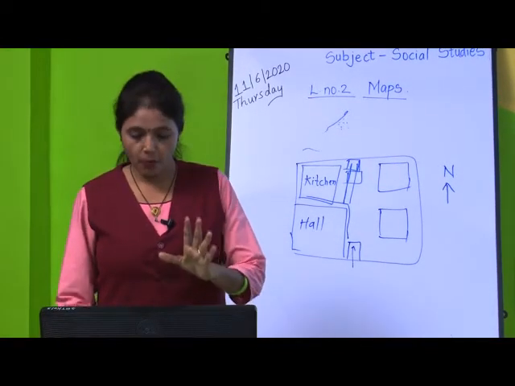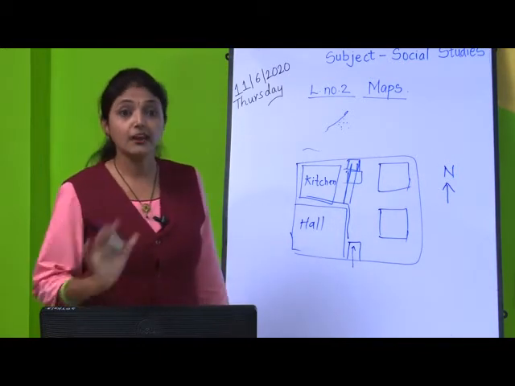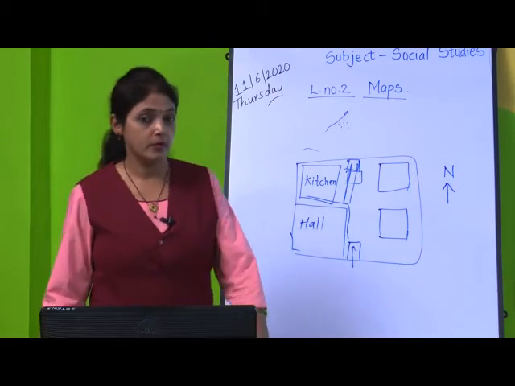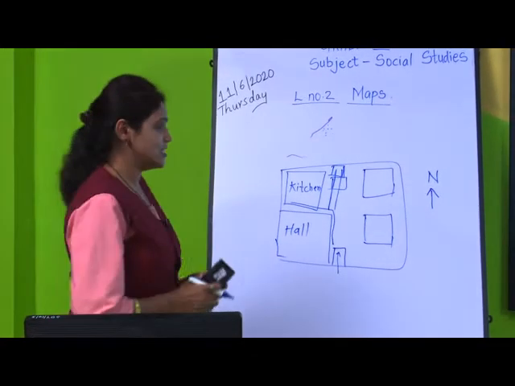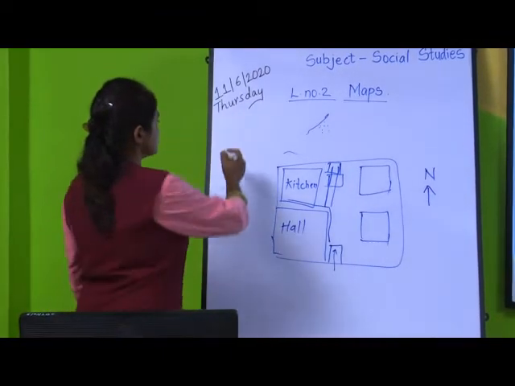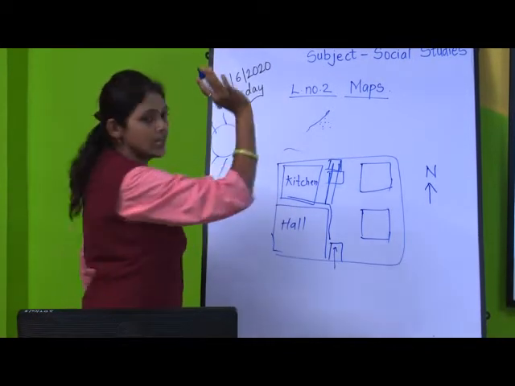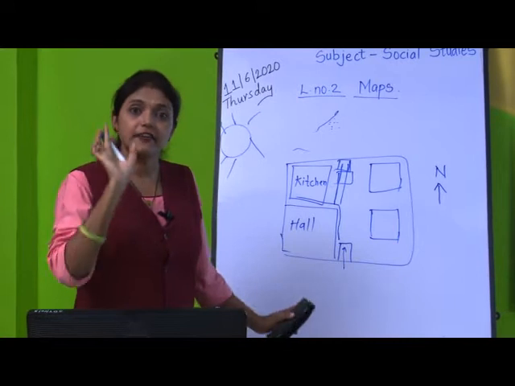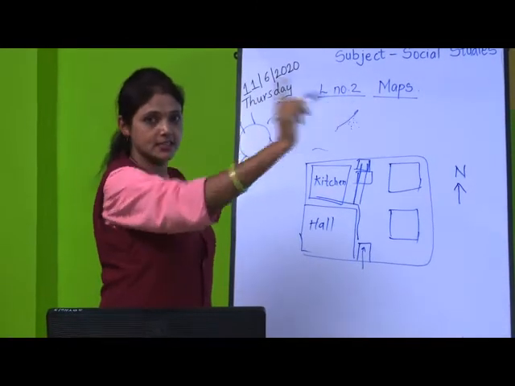Now, to make it very easy, the sun always rises from where? The sun rises from the east. Very good. So wherever the sun rises, suppose the sun is rising from here, this is the sun, point your right hand towards the sun.